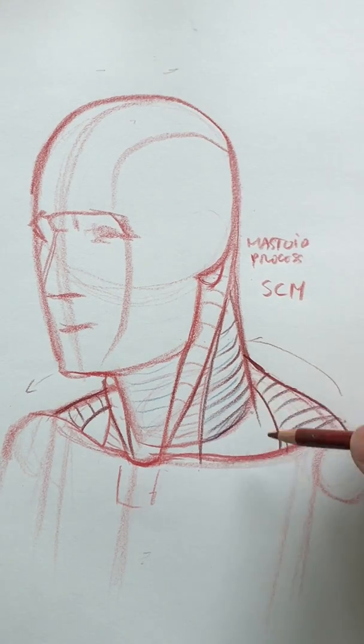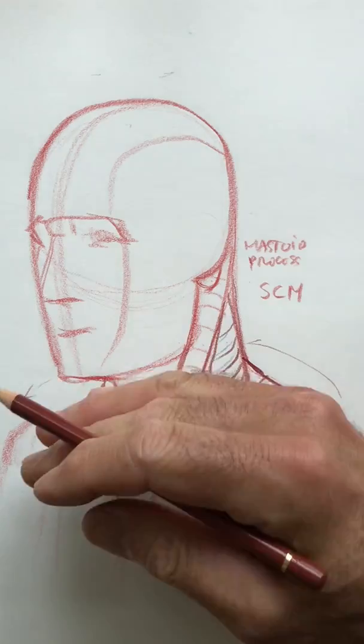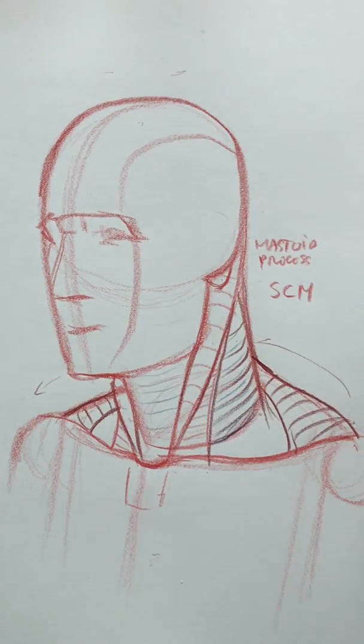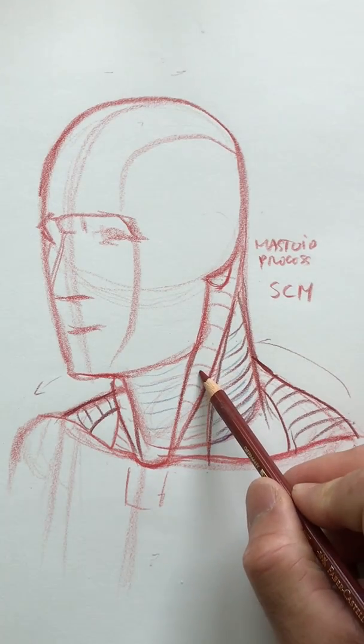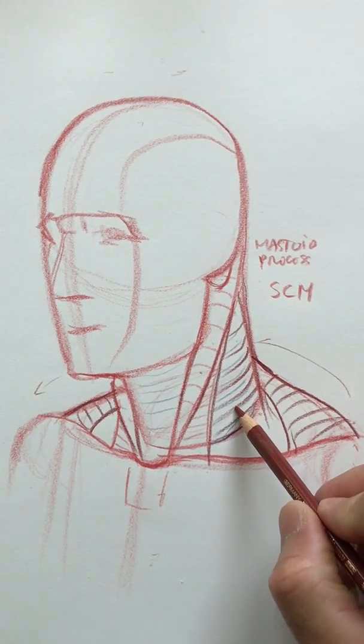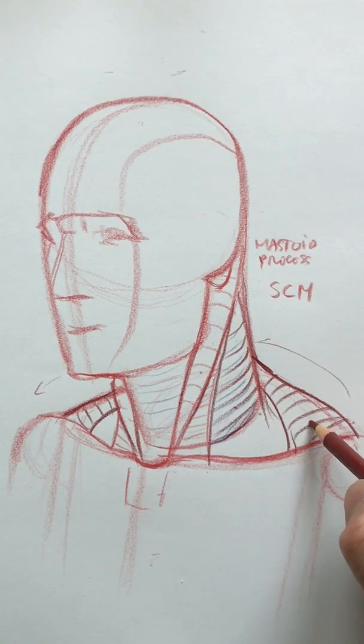And now I have all three main groups, the main volumes of the muscles of the neck, which are the sternocleidomastoid, the scalene group, anterior, medius, and posterior, and the levator scapulae, and then the trapezius.